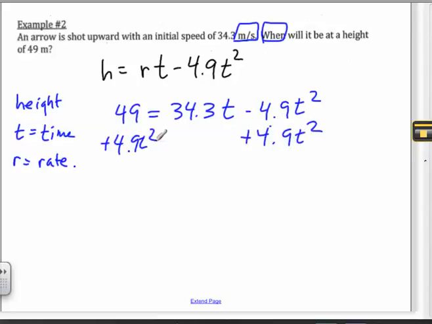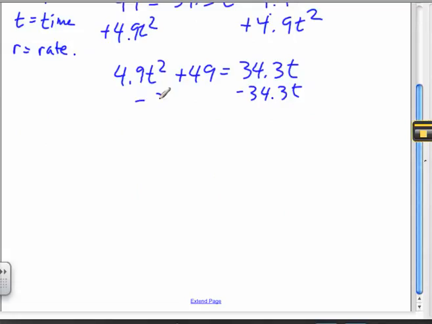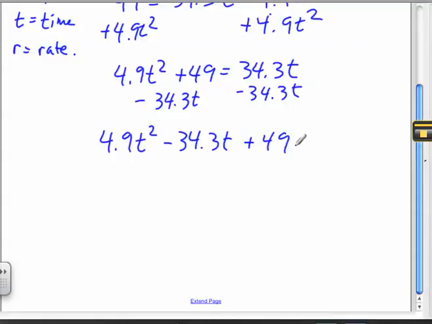So then I'm going to get 4.9 t squared plus 49 is equal to 34.3 t. Now the 34.3 t is going to be negative when I move it to the other side, right? I'm going to subtract it from both sides, and I'm going to get 4.9 t squared minus 34.3 t plus 49 is equal to 0.